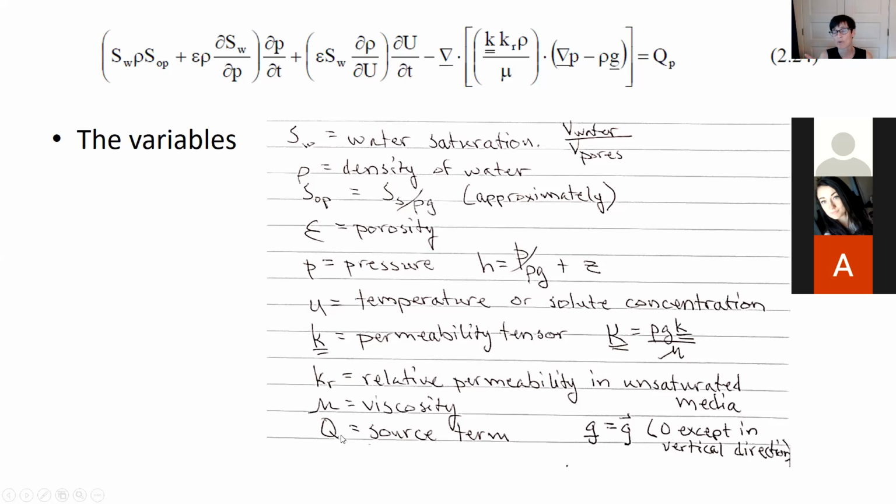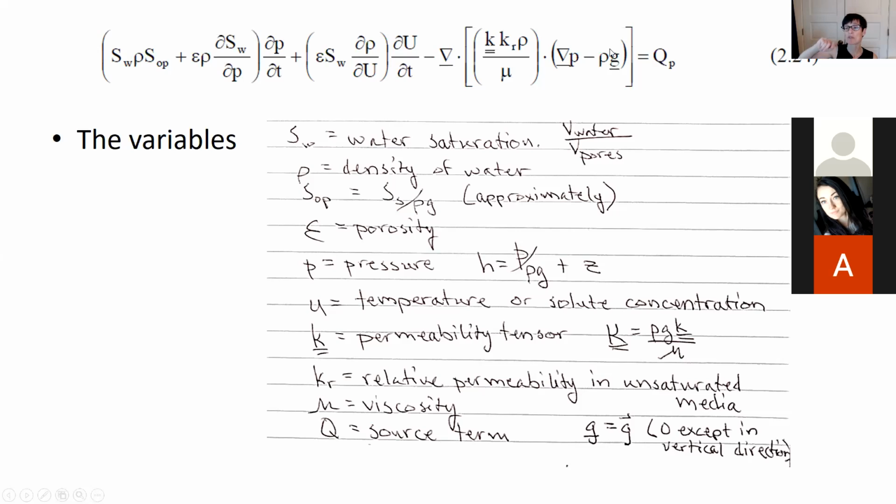I want to add one more note that I didn't discover until I was simplifying the equation. They've put underscores on things to indicate that they're vectors, right? So this is a gradient of P, so it's a vector. They've indicated carefully that g is a vector here. And I'll just tip you off that that's because they only want this extra term in one direction, the vertical direction, okay?